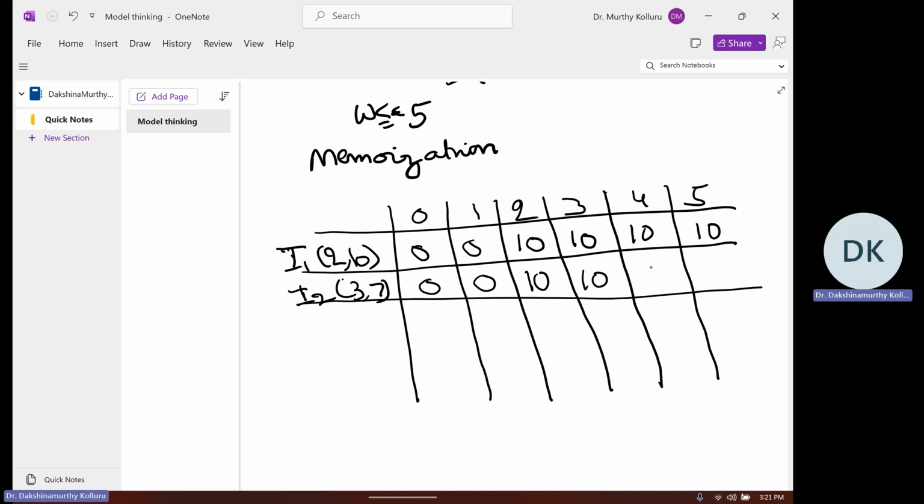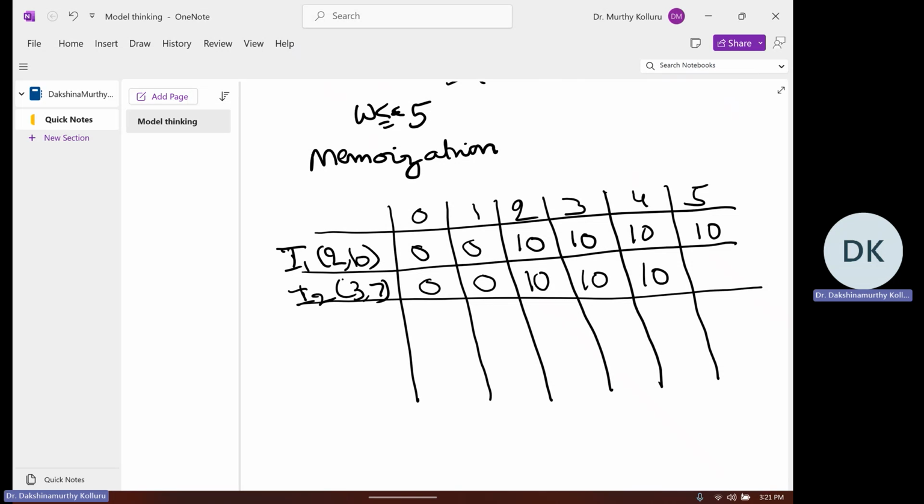Now, if 4 is allowed, if I include it, I will get a value of 7 and 1 kg is left, because I included 3. For 1 kg, the best I can do is 0. So if I include it, I get a value of 7. If I don't include it, the answer is 10.